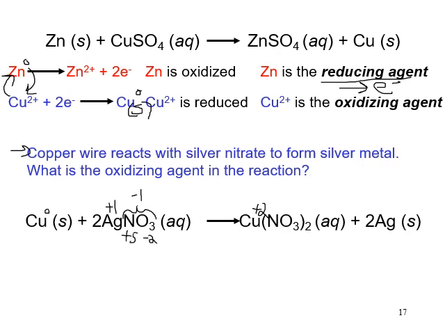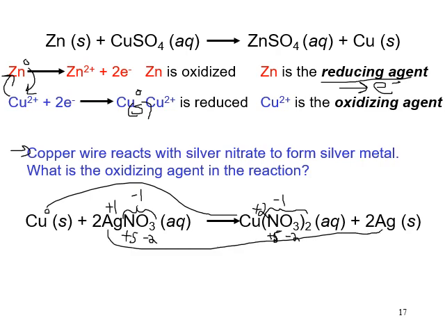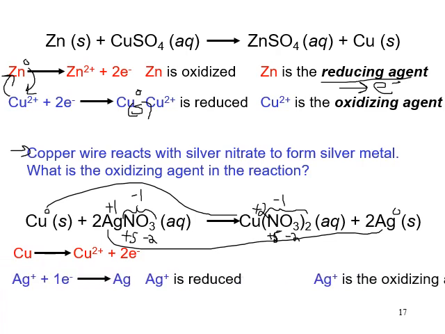But you'll notice it's still nitrate over here. So this whole thing is -1. This is still +5, and that's still -2. So you try to figure that out by doing those little algebraic equations, but you see that nitrate is a spectator at this point. Copper is oxidized, silver is reduced down to 0. And there's the half reactions.